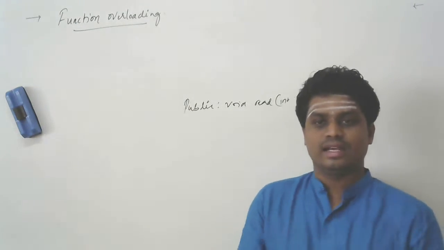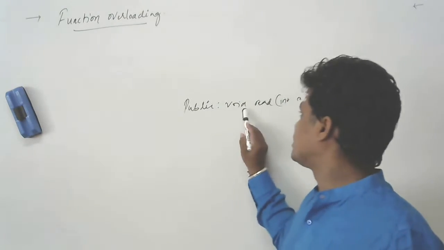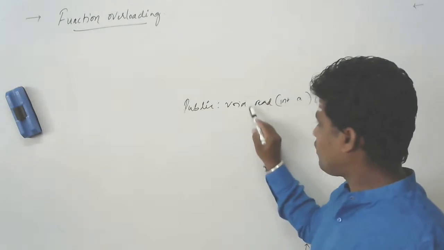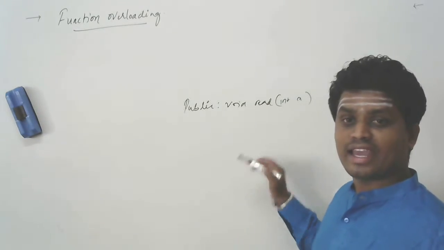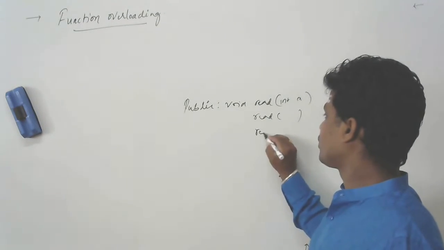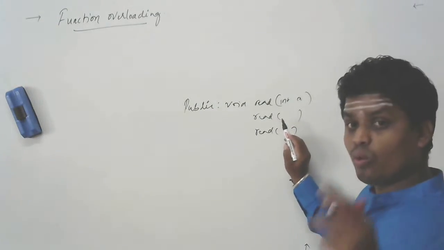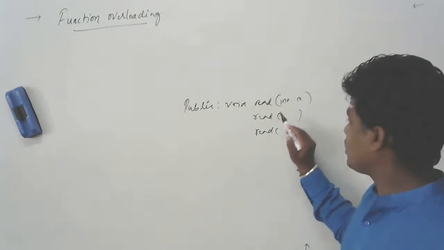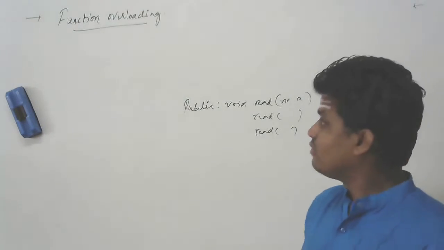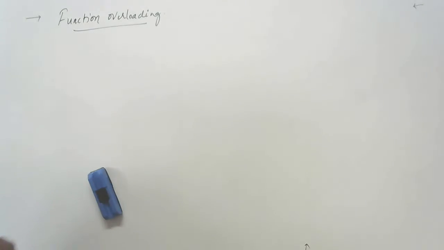It means n number of functions or more than one function. Here I have declared void read. When you call this kind of function again and again, that process is called function overloading. When two or more function names are the same, that is function overloading. We'll see the proper definition.